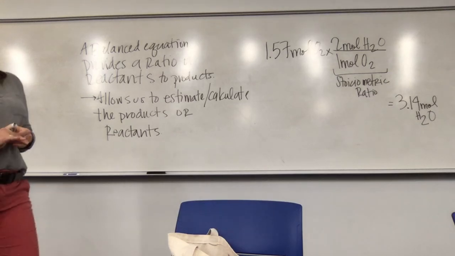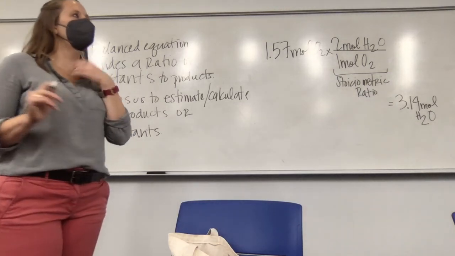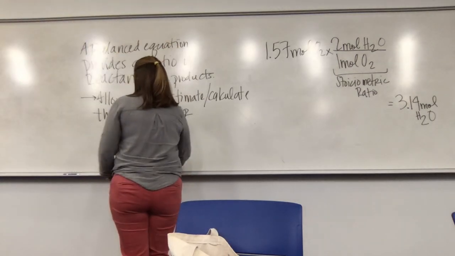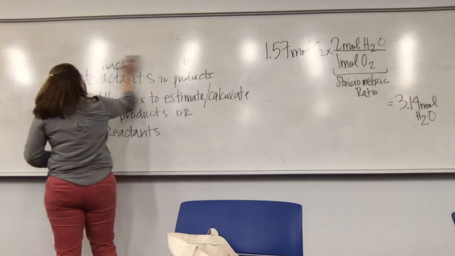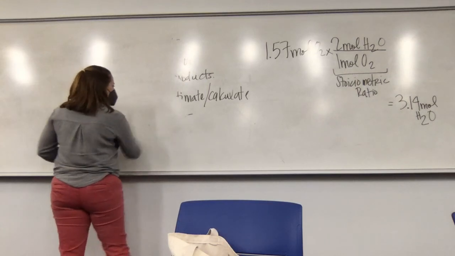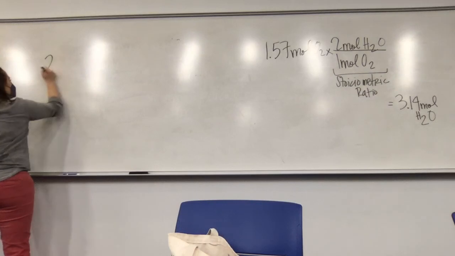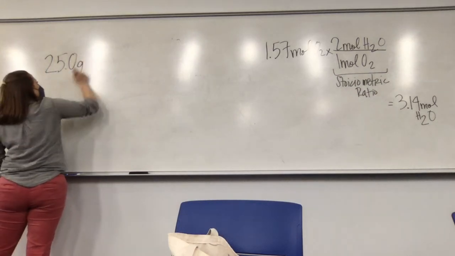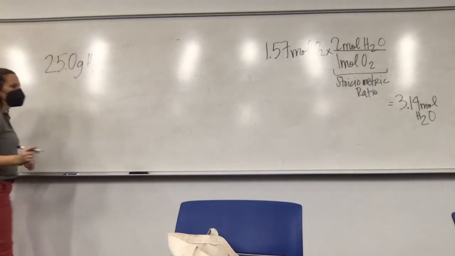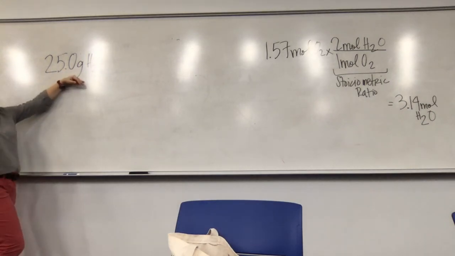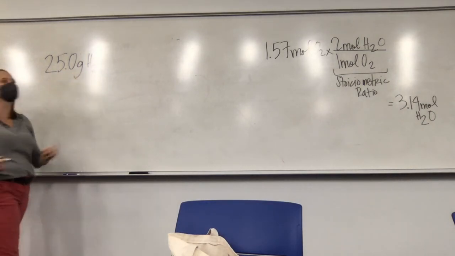So the second part asks, what if we started with 25 grams of H2? So we're going to take our 25.0 grams of H2, and in order to get to the moles of water, we need to convert grams of H2 into moles of H2.